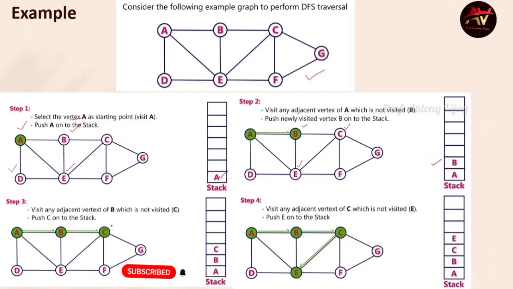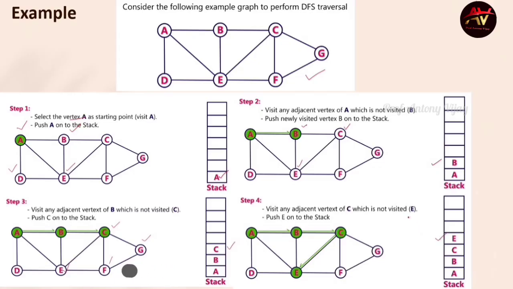Once we have visited C, we push C into the stack. After that we again find the adjacent vertices. For C we have E, F as well as G. In total we have 3 vertices, but I am choosing E here. After visiting E, we push it into the stack.